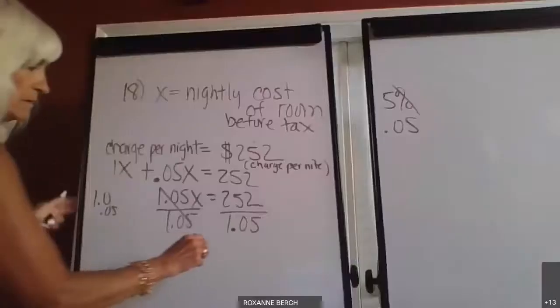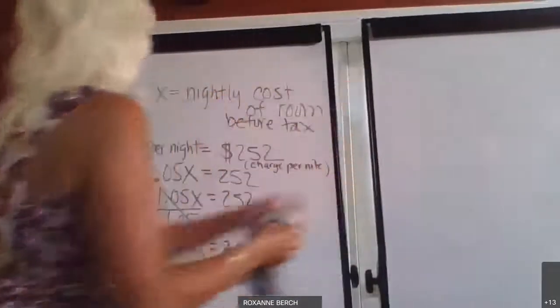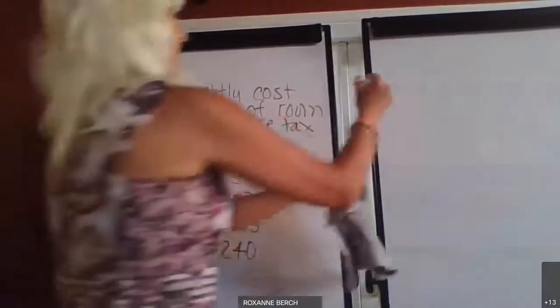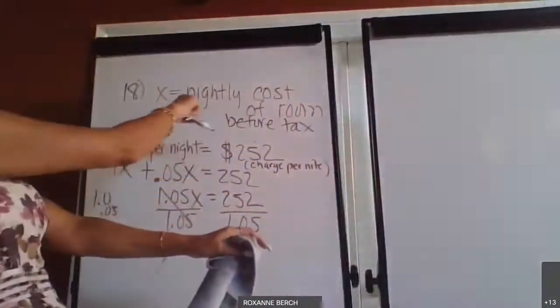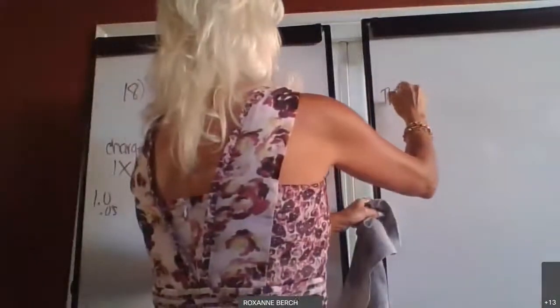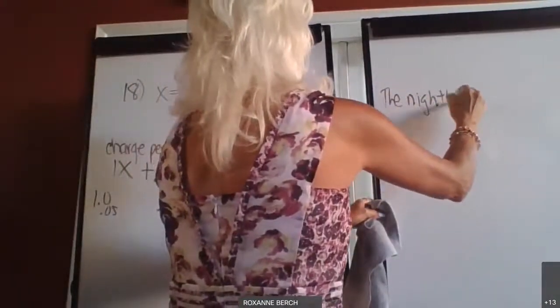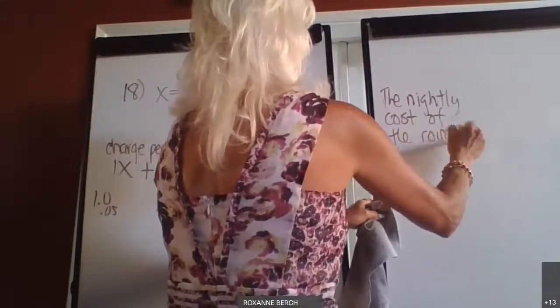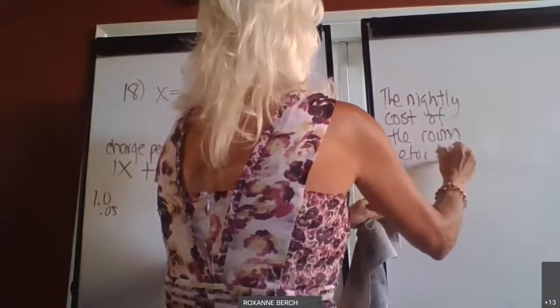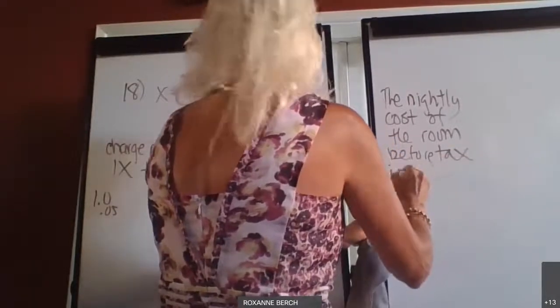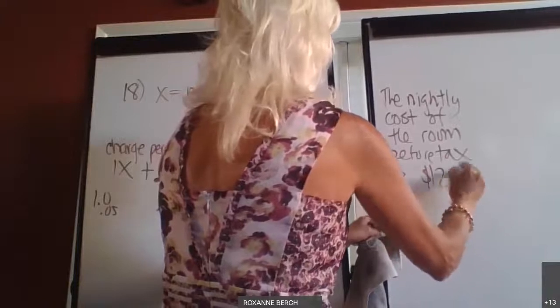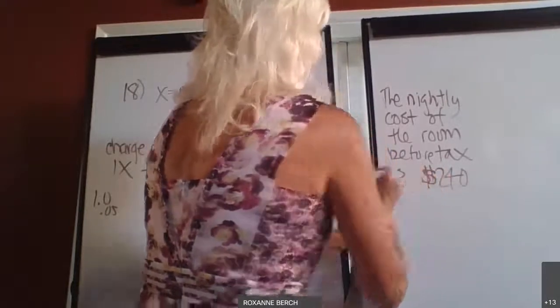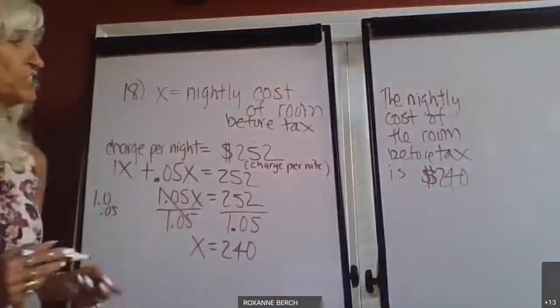Exactly 240? Yeah. So that's it. We're done. So what did we find out? We found out that, and we're going to answer the question, the nightly cost of the room before tax is $240.